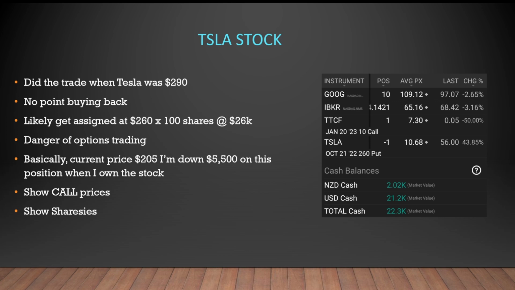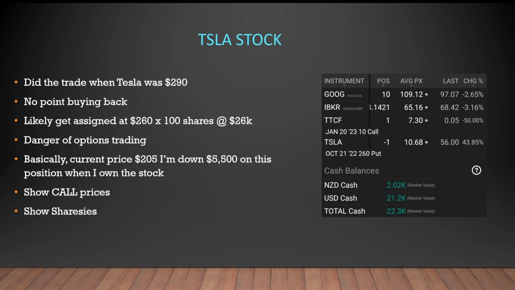I still think it's a good deal, so I'm going to go through with it. With the current price of 205, I am down $5,500 on this position right now. It might recover by the time I own them or it might get worse, I don't know, but we'll see what happens on the 21st. There are a couple of catalysts coming up with their earnings report, depending on how that goes, although the current market is pretty down at the moment.